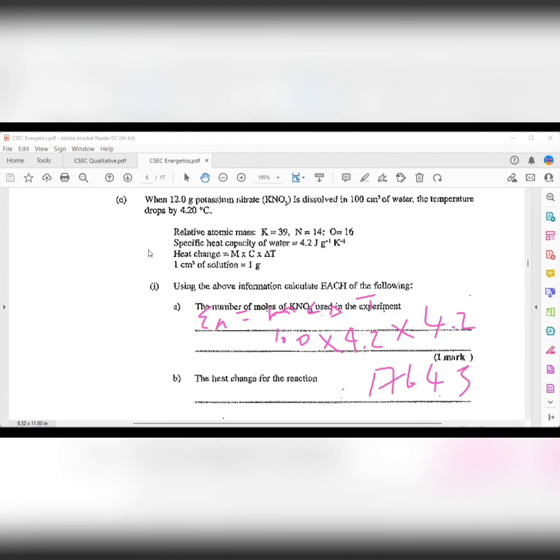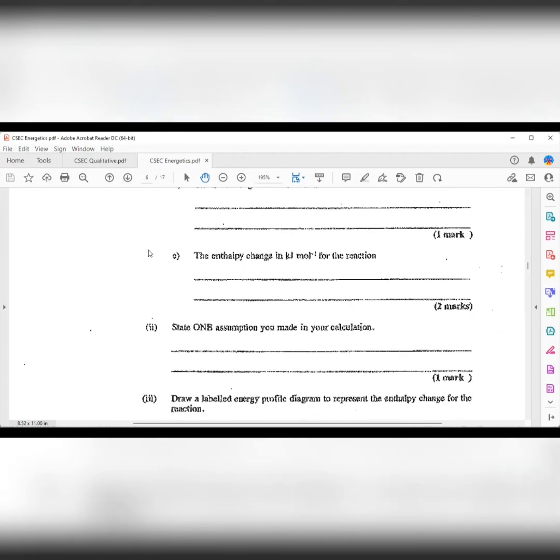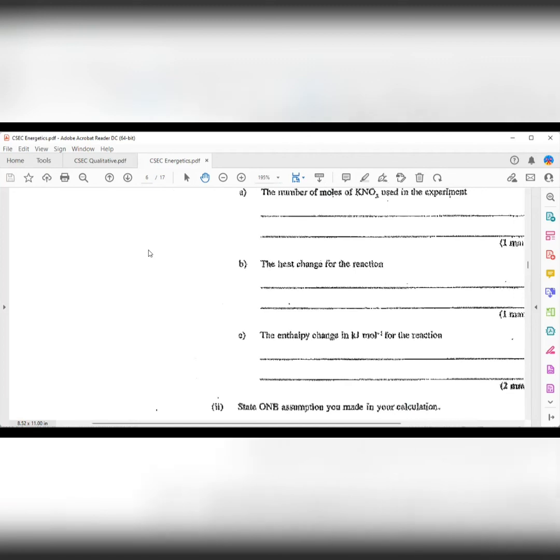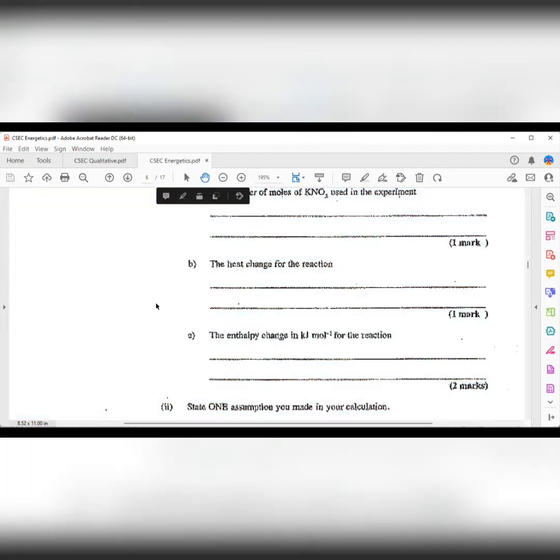Now, I'm sure they're going to ask us now to calculate the enthalpy of solution, as usual. The enthalpy change in kilojoules per mole. So that's what they're now asking. All you now need to do is divide the answer you get for the heat change by the number of moles.